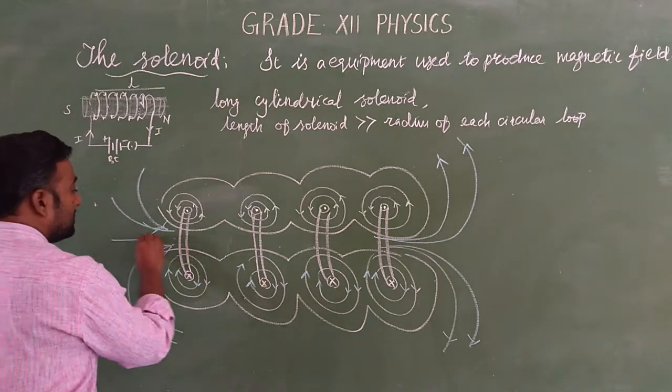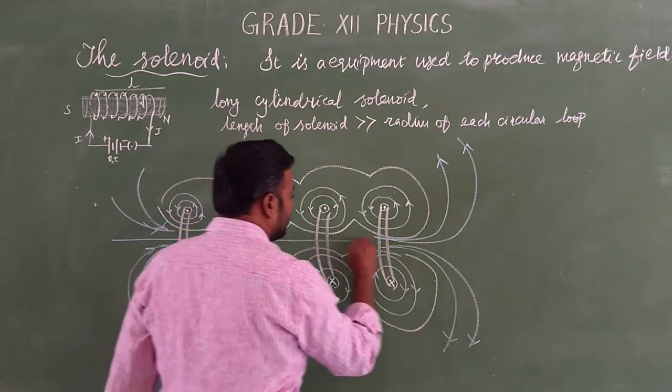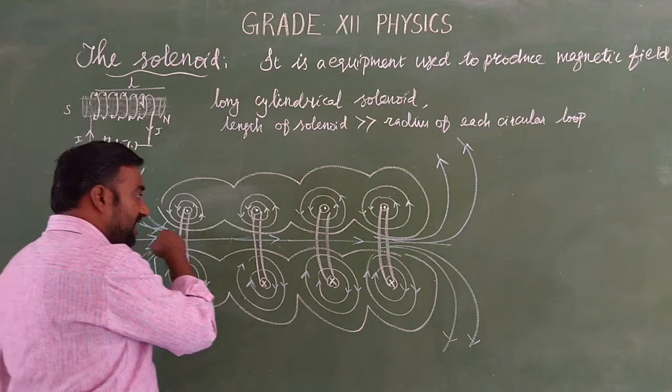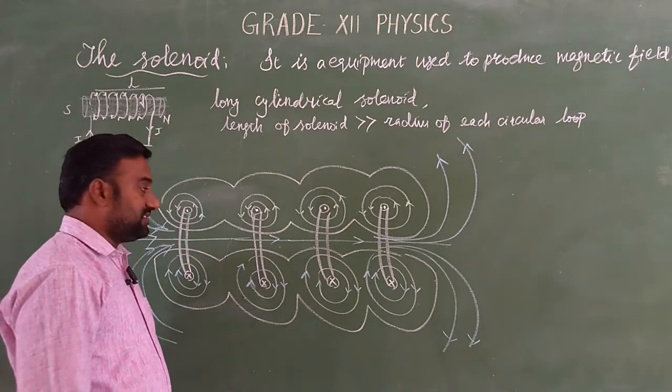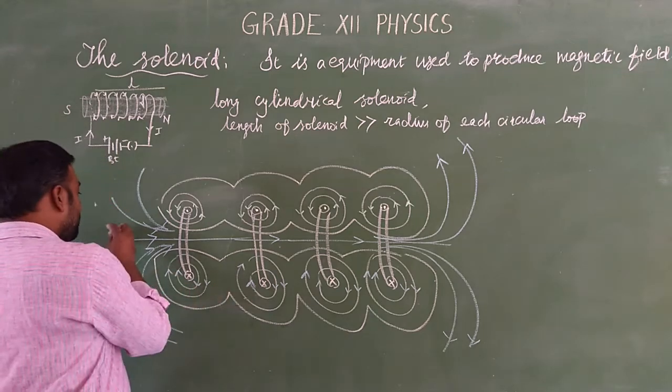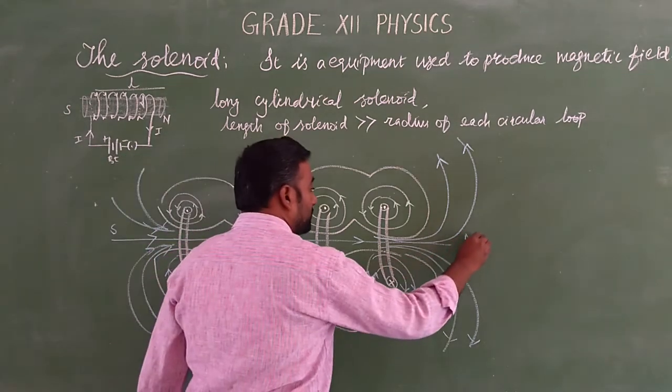But internally, inside, the field lines go from south to north, which means inside the solenoid the magnetic field is uniform, that is, parallel from south pole to north pole.